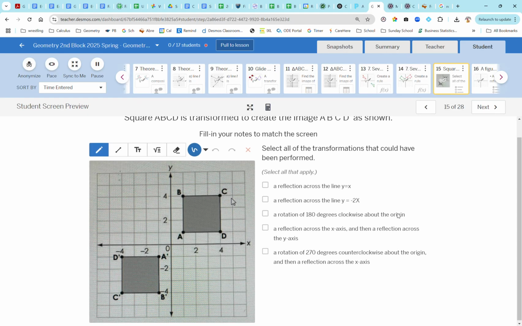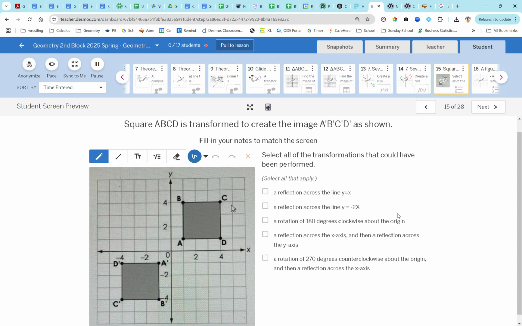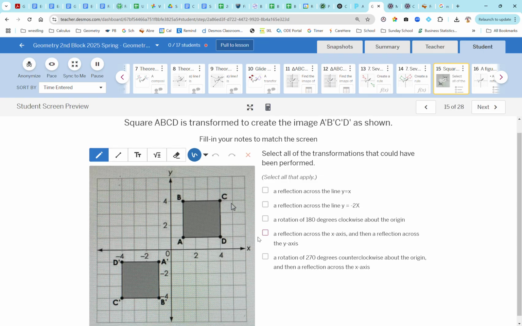Okay, the next one. It asks you to decide how can we get from A, B, C, D to A prime, B prime, C prime. First thing it says is let's reflect it across the line y equals x. If you recall, we've seen this before. The line y equals x is this line right here. It's that parent graph. It goes through 0, 0, 1, 1, 2, 2.